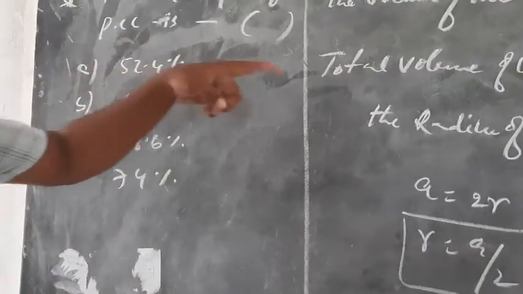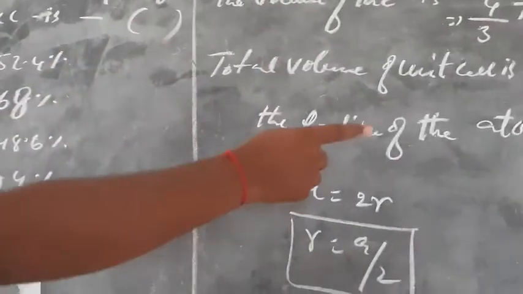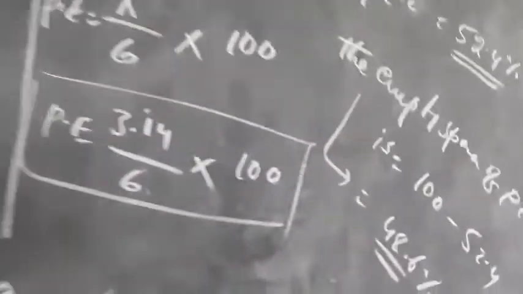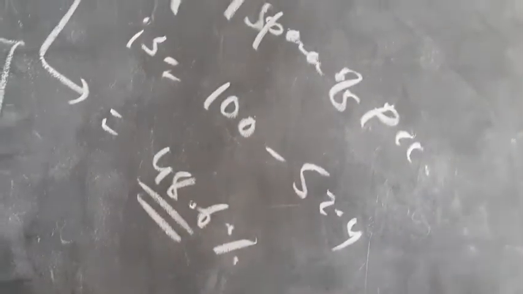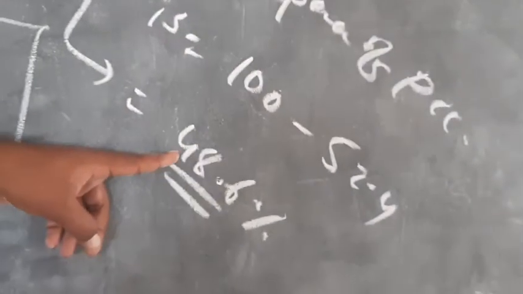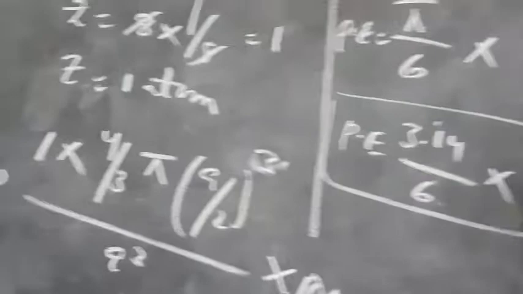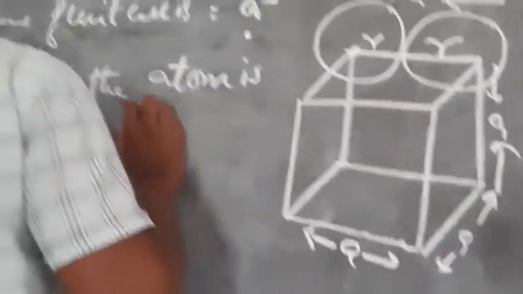What is the empty space of the primitive cell, students? 100 minus 52.4 percent, we get 48.6 percent. So what will be the answer? We will go with option C.